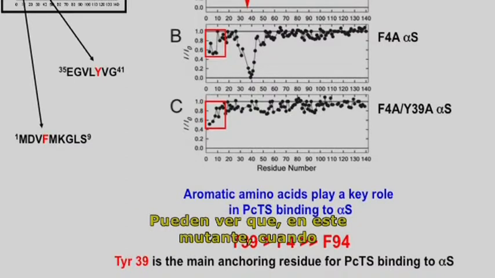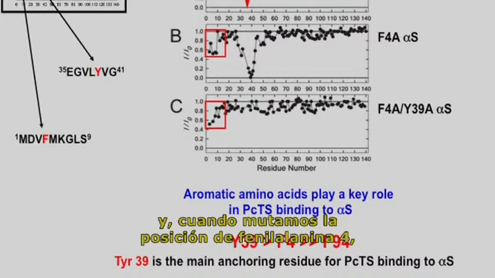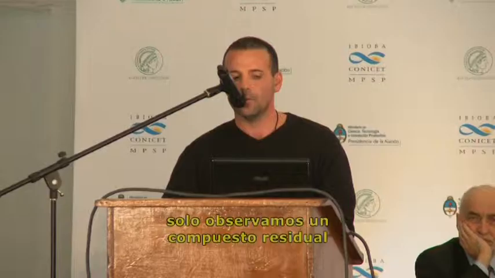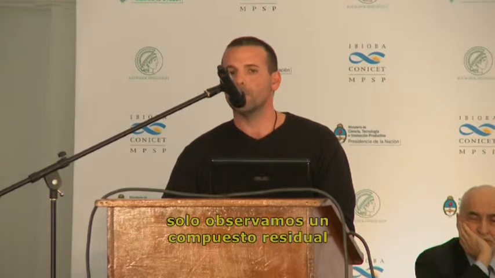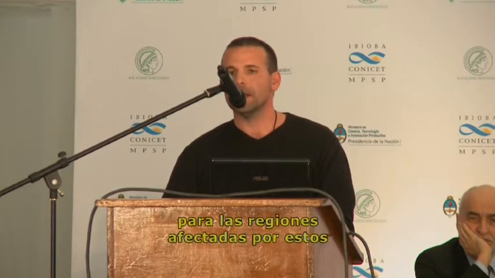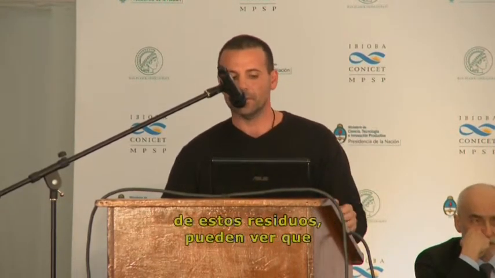And you can see here in this mutant, when we mutated the tyrosine at position 39, this binding component is lost, okay? And when we mutated phenylalanine at position 4, there is just a residual component of the binding. So we can also build a ranking for the regions affected by this compound, and this ranking is built according to the degree of broadening induced by the compound on the resonances of these residues.